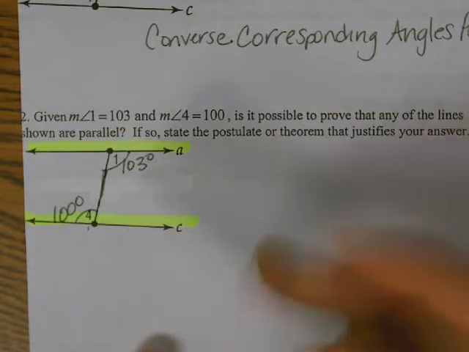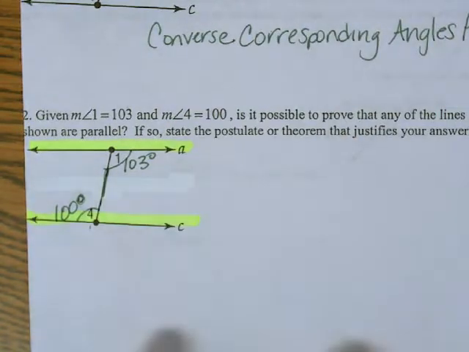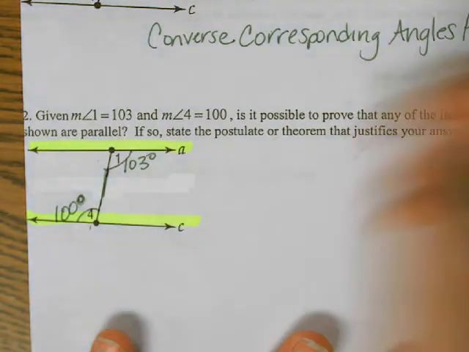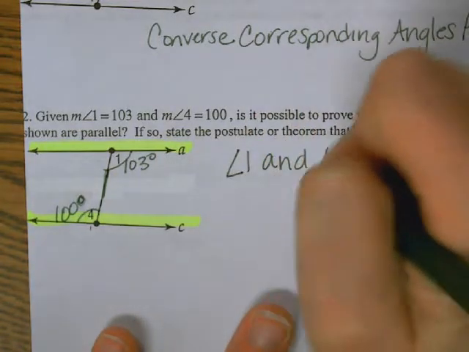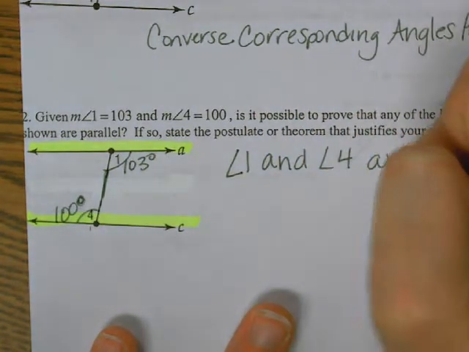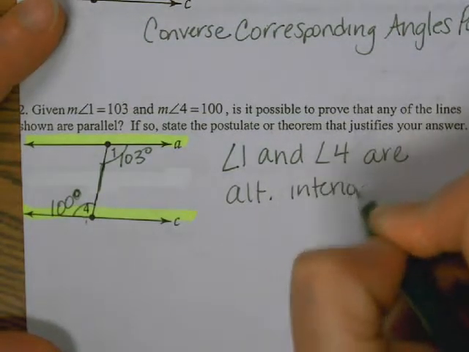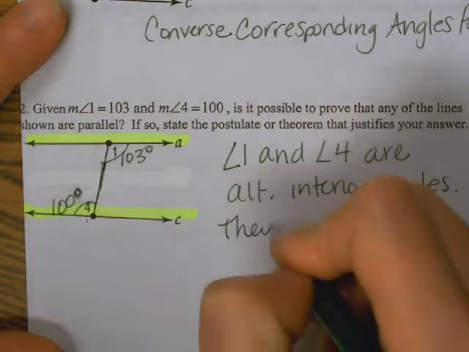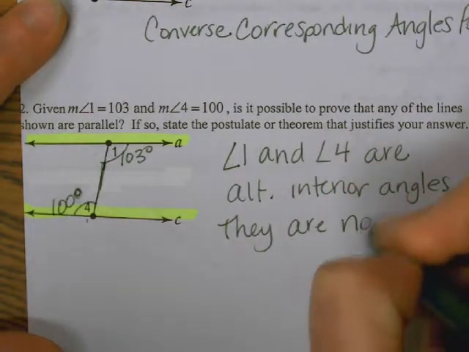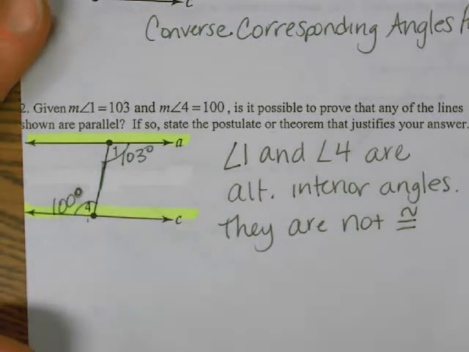Okay, so what kind of angles are these? That says 100 degrees, not 1,000. Okay, what kind of angles are these? They're alternate interior angles. So angle 1 and angle 4 are alternate interior angles. They are not congruent, and we can abbreviate congruent with our congruent symbol.